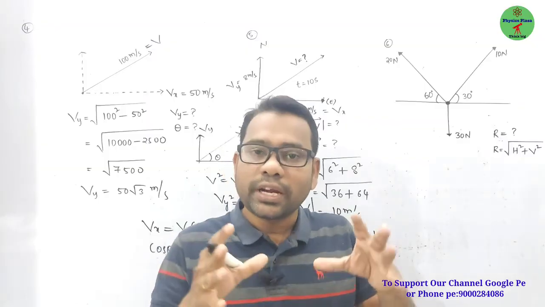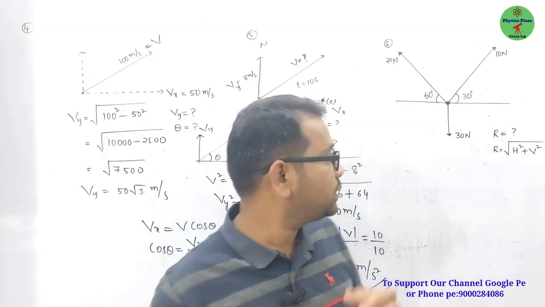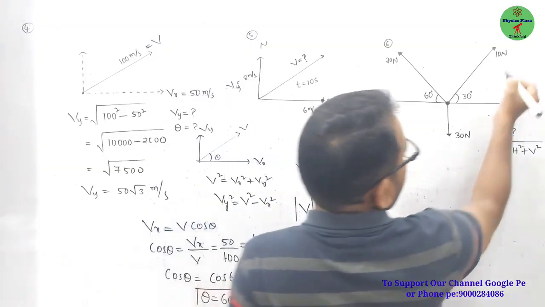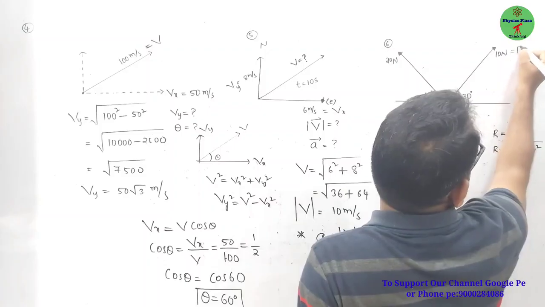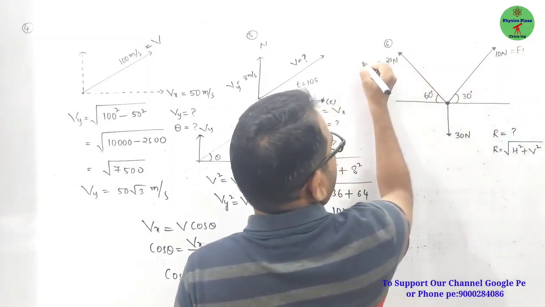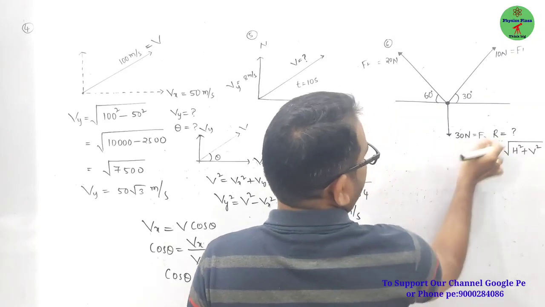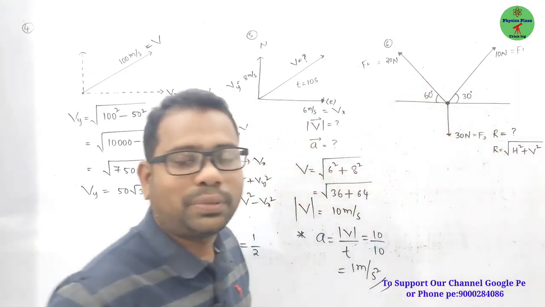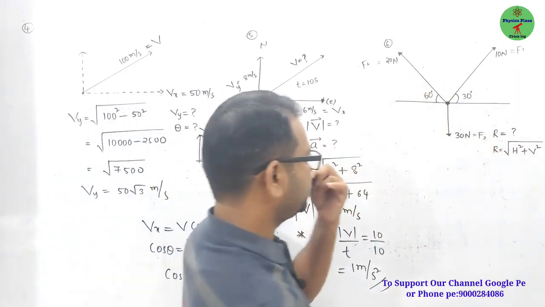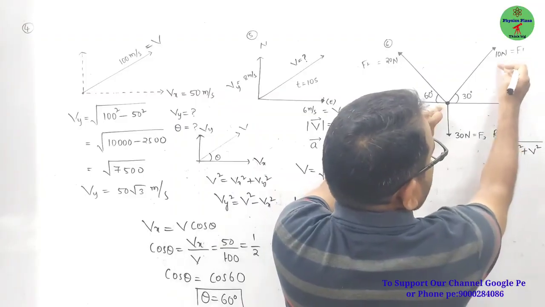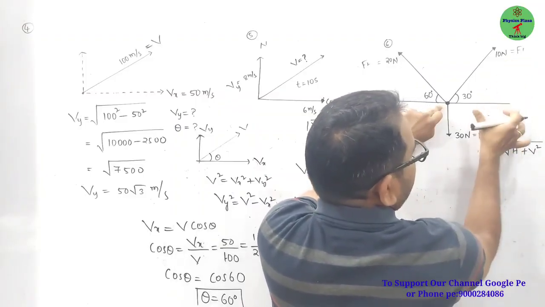First let us try to resolve the forces which are acting on the particle. Children, let us say this is F1, don't get confused, this is F2, this is F3. You can take them in any order, it's up to you. It's not a big task here. Now this F1 force is making an angle of 30 degrees with the horizontal line.